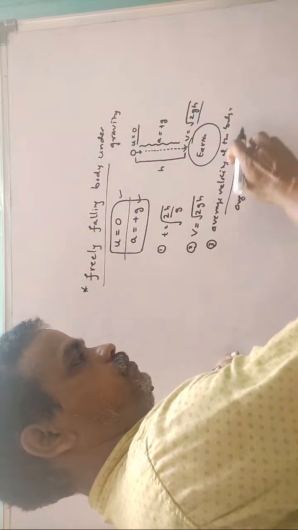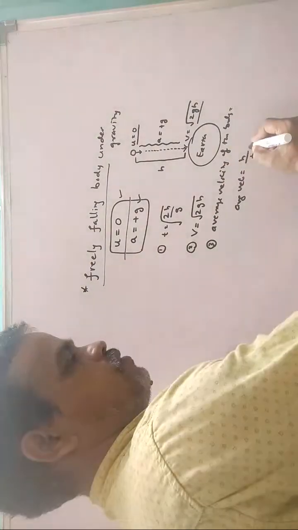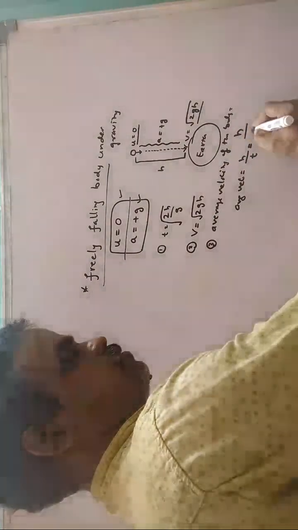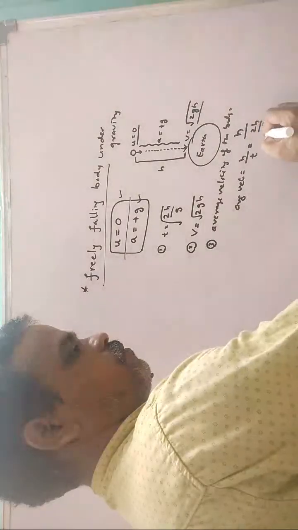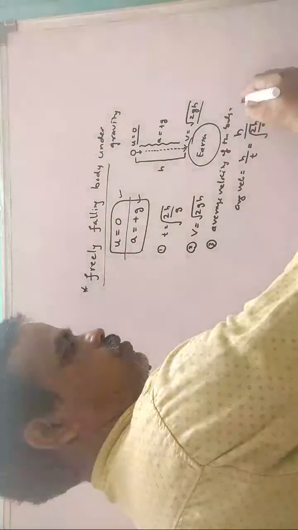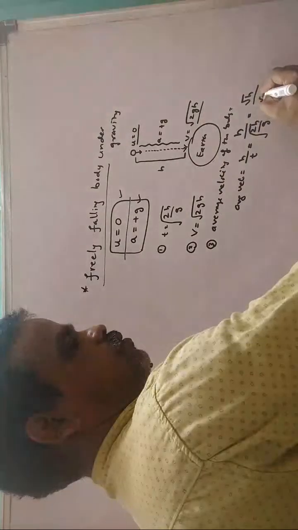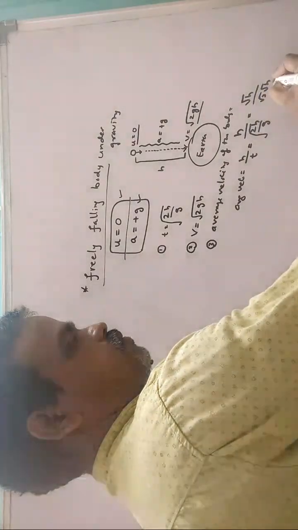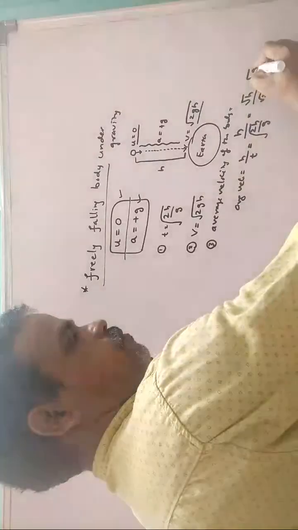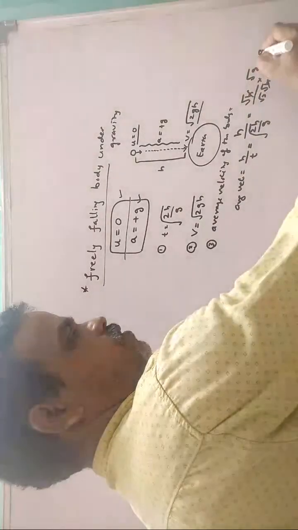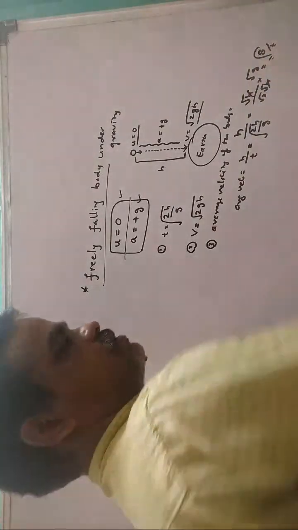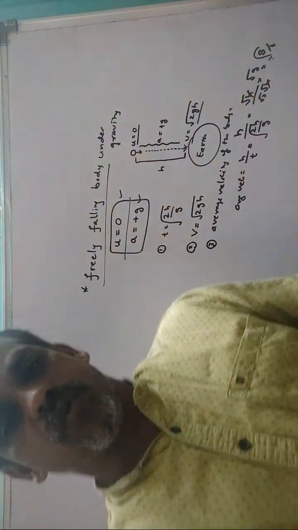Simple, h by t, with t equal to root 2h by g. So root 2 into root 2h, root g. This is the average velocity of that body.